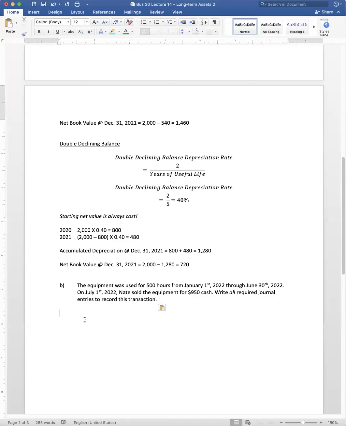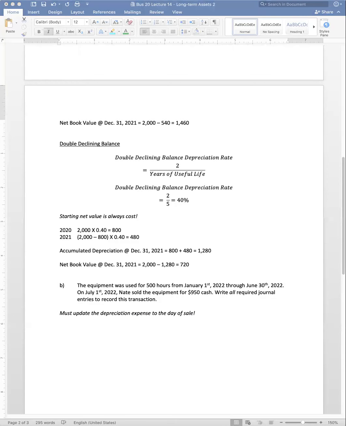Used in general means expense, and for a long-term asset, that would be depreciation expense. So even before we sell the equipment, we have to update the depreciation expense to the day of sale. So that is always required.